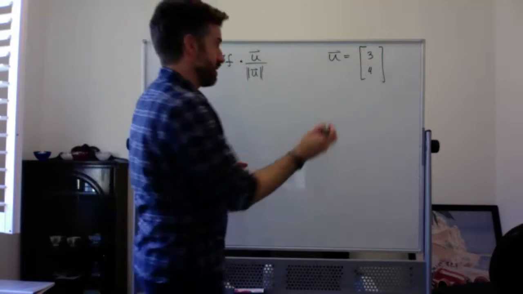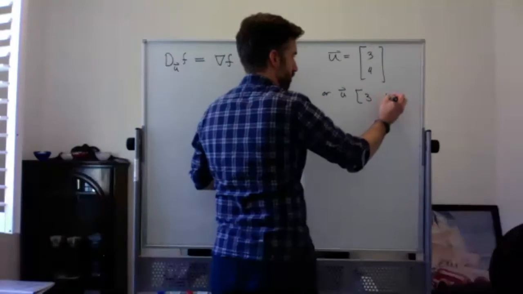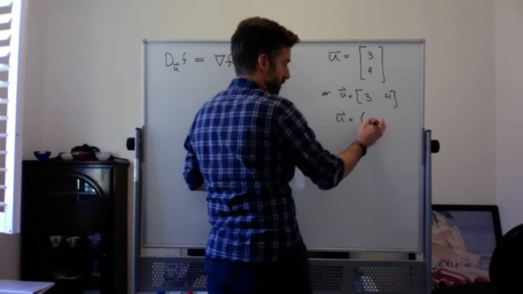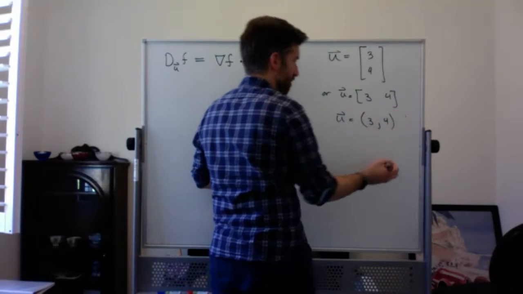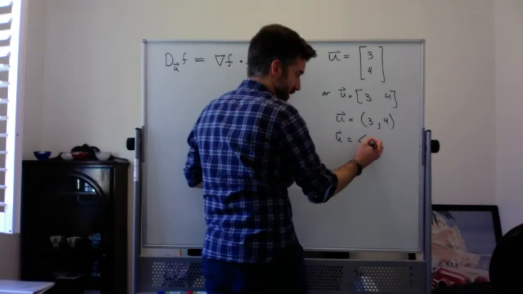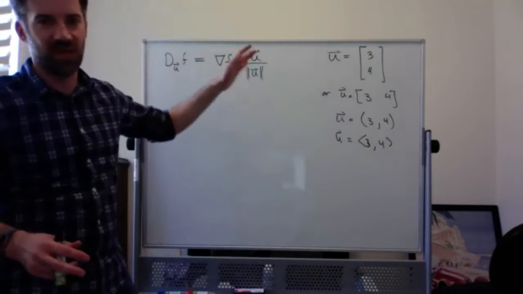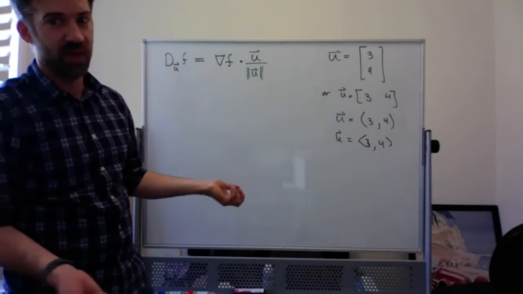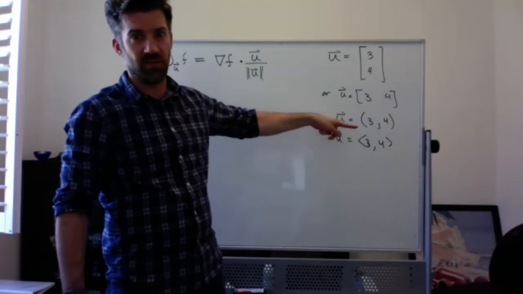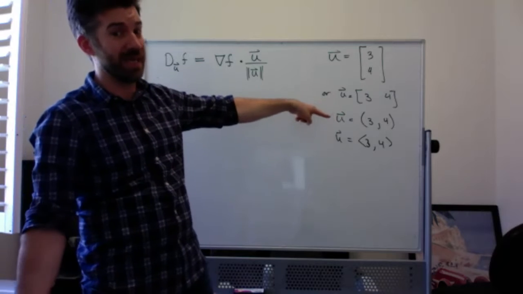But other people might write u equal to it with brackets like that, or with parentheses and a comma, or with angled brackets like this. Just be aware there are lots of different notations that can mean a vector. I feel like parentheses are probably the worst choice because we also use that notation for coordinate pairs. I think this is the choice that some of your professors happen to be making.